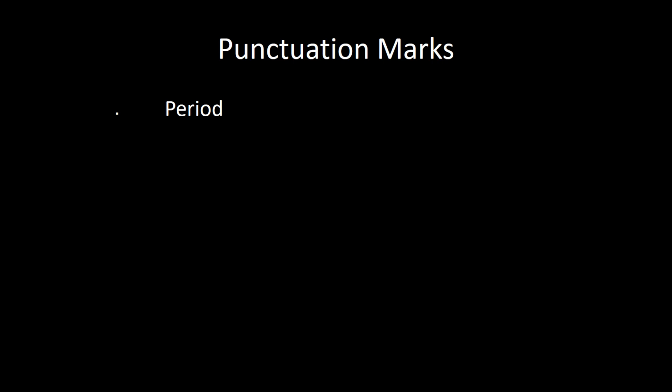All right, a few punctuation marks. The period looks like a period. The comma looks like a comma. Now the question mark looks like a semicolon, but this is actually a question mark.